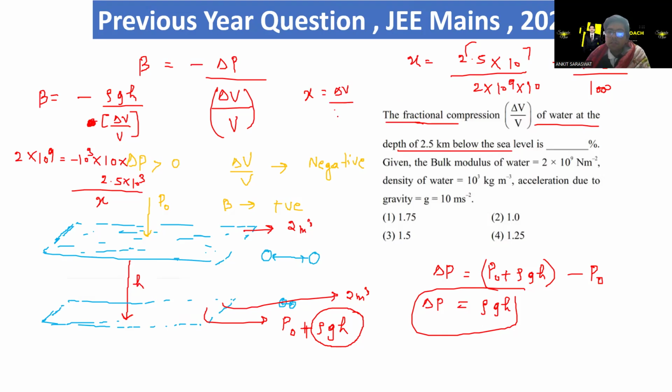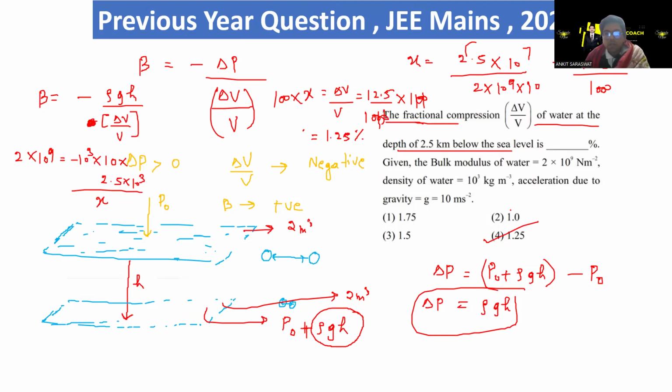Delta V by V. It is 12.5 divided by 1000. To get percentage, multiply by 100 on both sides. So it comes out to be how much? 1.25 percent. Clear? I hope this doubt is clear.